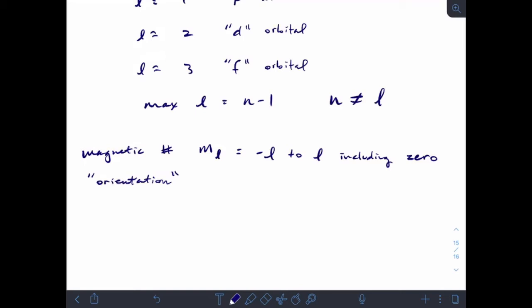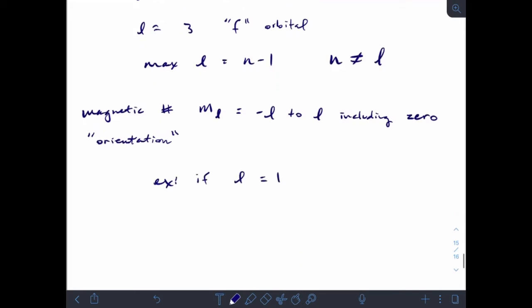Right, so for example, if L equals 1, possible values of m sub L will be negative 1, 0, and 1. Right, now let's think about this a little bit. L equals 1, that's a p orbital.